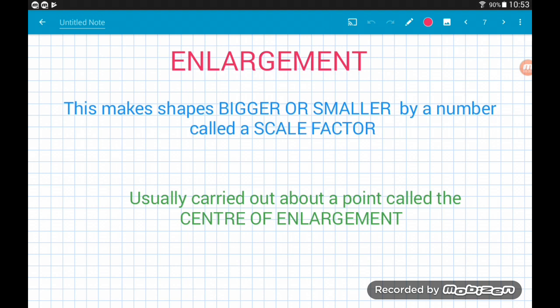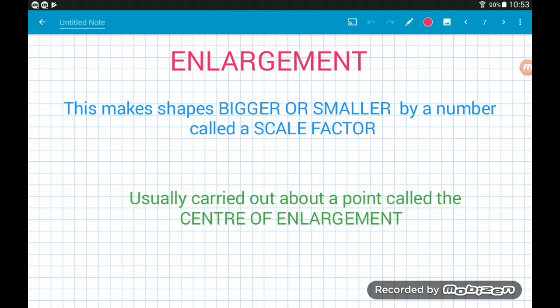So the resulting shape you get from carrying out an enlargement is always similar to the original shape. That's worth noting. So enlargements are carried out by a number called a scale factor. So a scale factor is simply a number that you multiply the lengths of the original shape by to get the new enlarged shape.